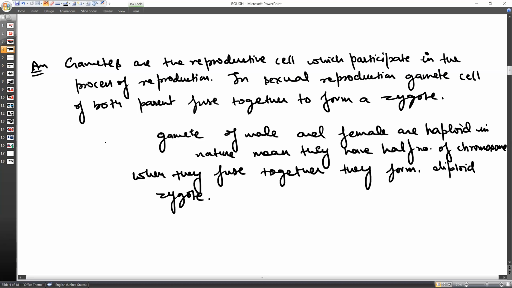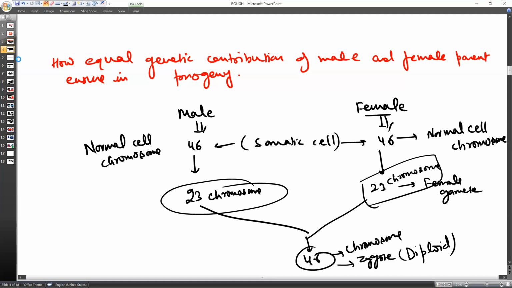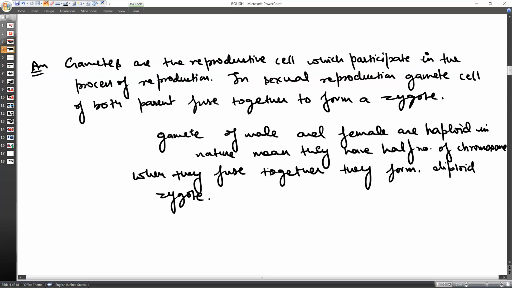Then after that you have to draw it. Thus this ensures equal contribution, that is, the zygote has half from the male parent and half from the female parent, 50% male chromosomes and 50% female chromosomes.